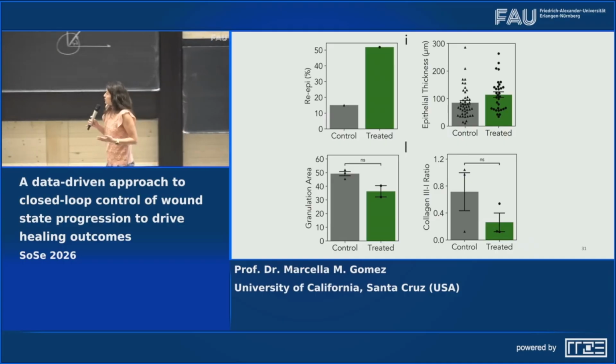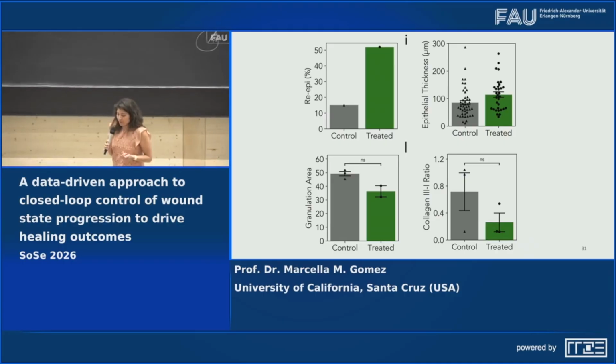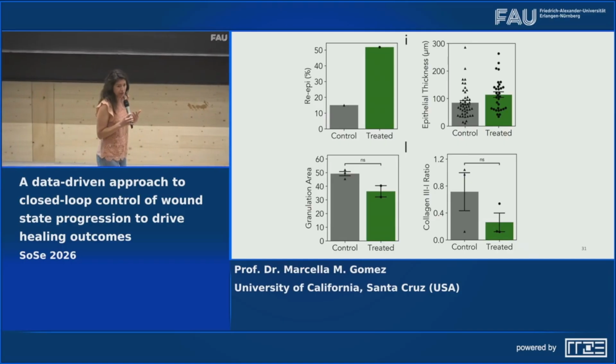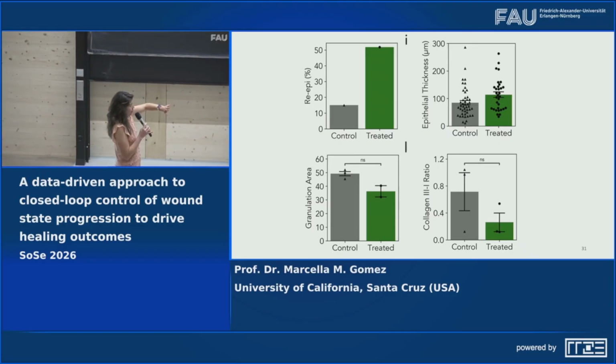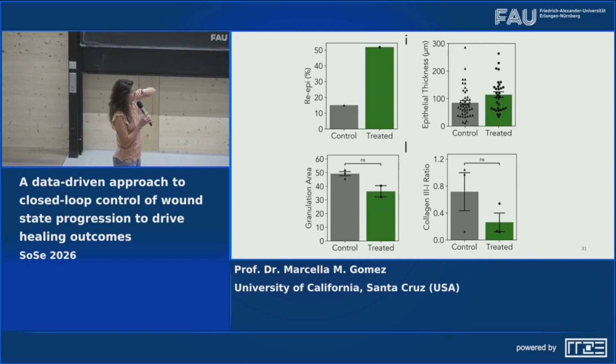Our collaborators that do the biological experiments also did assessment of the tissue. So we can look at granulation area, the collagen ratio, epithelial thickness, that just means the thickness of the layer of skin that's growing back.